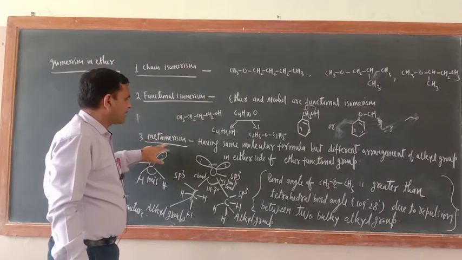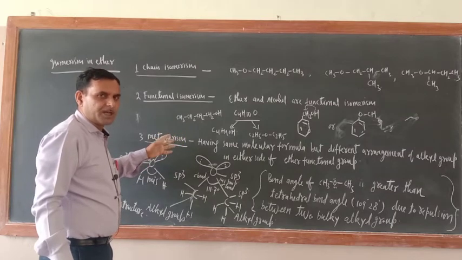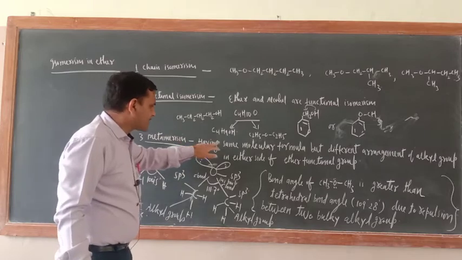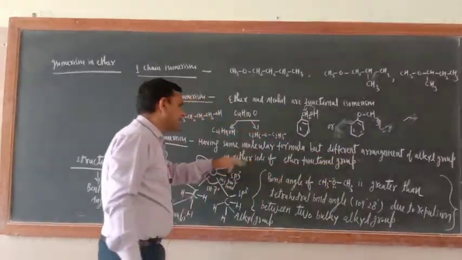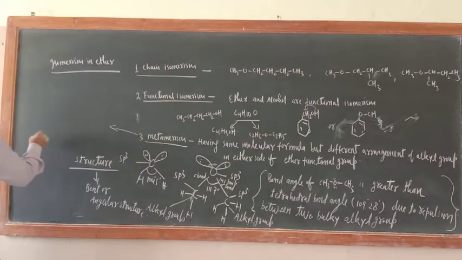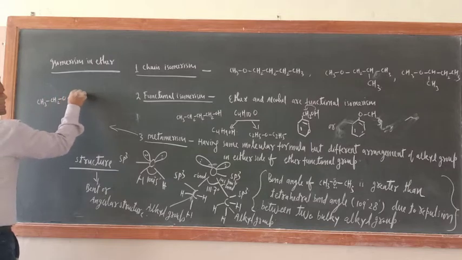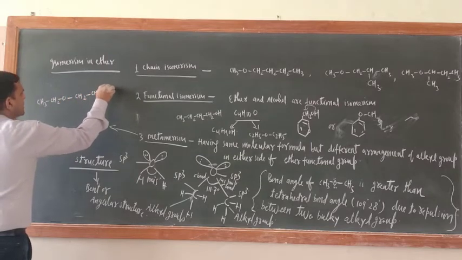Now the next one is metamerism. This is a special kind of isomerism which is found in ether and 1 degree, 2 degree, 3 degree amines, having the same molecular formula but different arrangement of alkyl groups on either side of the ether functional group. Just see the example. Suppose you have written this one, CH3, CH2O, CH2, CH2, CH3.